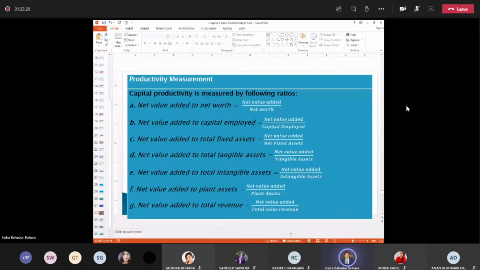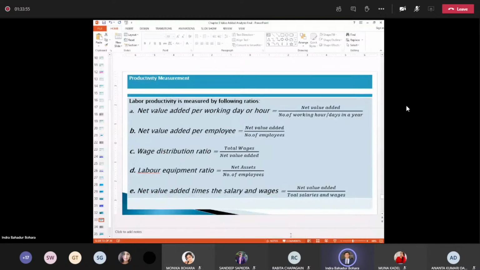There are two components included under the productivity measurement. One is capital productivity, the relation of value added and capital related activities, capital related performance, and the measurement of the productivity of the capital with respect to net value added, which can be measured, evaluated and analyzed.